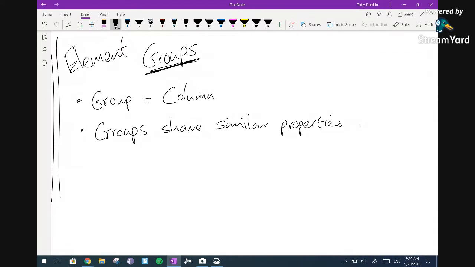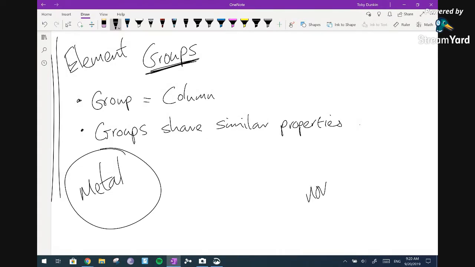They didn't have a huge number of groups the way that the periodic table does today, but they certainly had groups. And for example, they had metals and non-metals. So they had one group of metals, and then they had another group of non-metals, substances that were clearly not metallic.